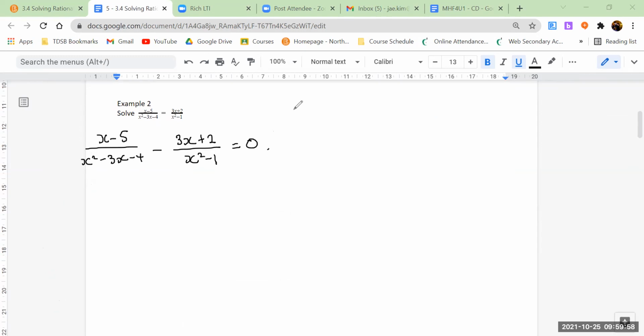Here's your question. You need to solve it. Can you solve this directly? Unless you are a human calculator, you cannot. And therefore, the greatest strategy you can employ is to turn this into one fraction, because if you have one fraction, all you have to do is look at the numerator and make that equal to a 0.